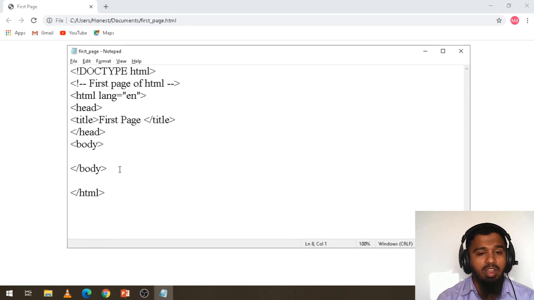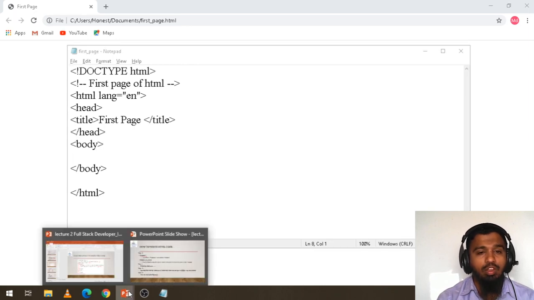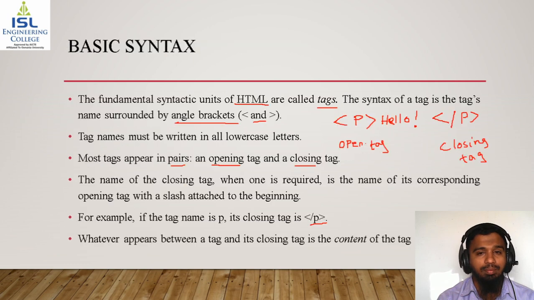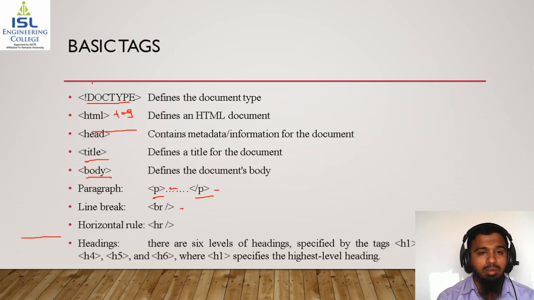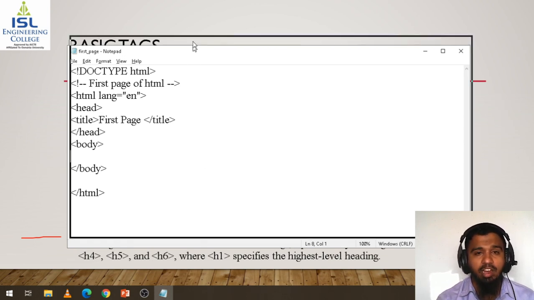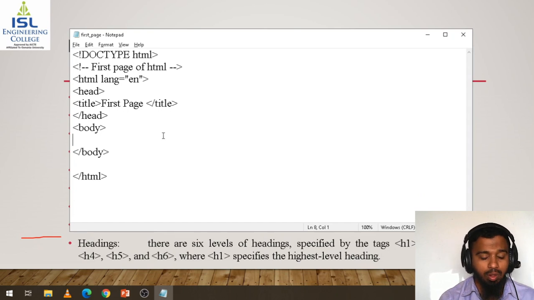Now we will use the basic tags, such as paragraph. But before going to the paragraph, we will see the heading tag. Let me write h1 opening tag, and there should be a closing tag.